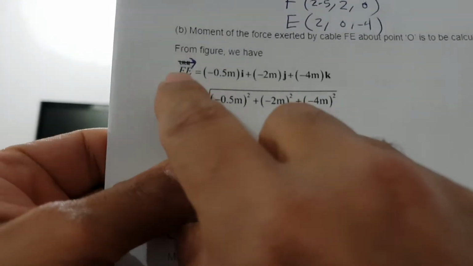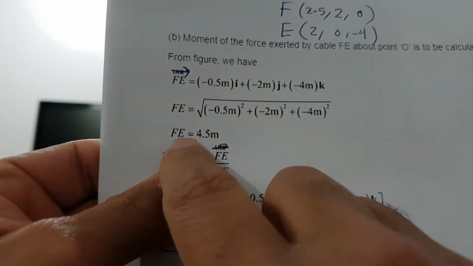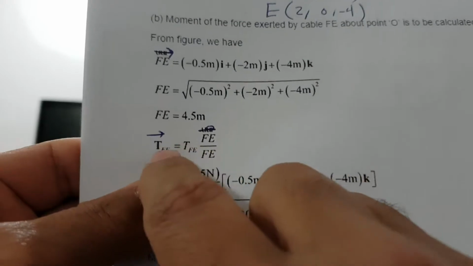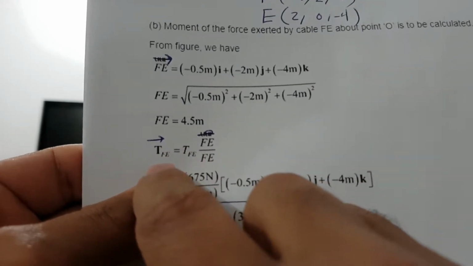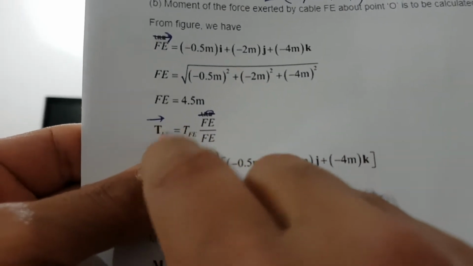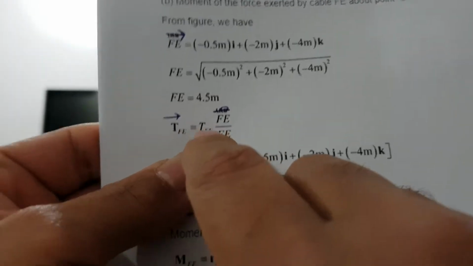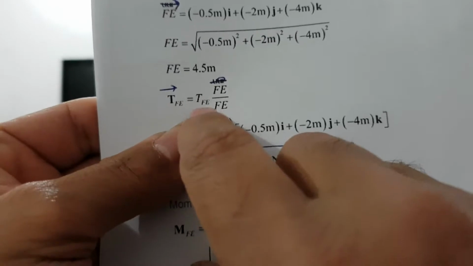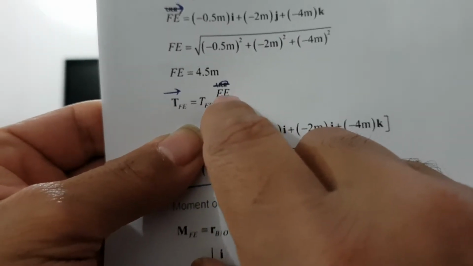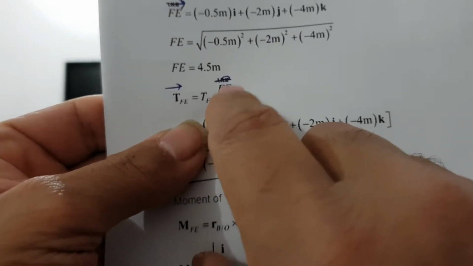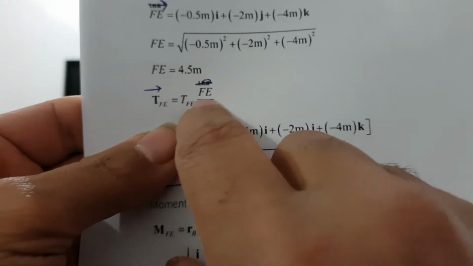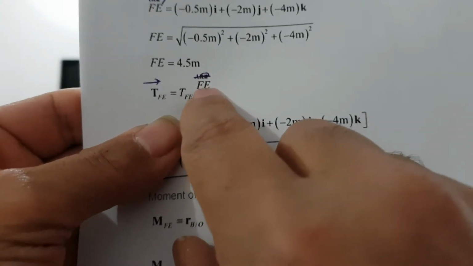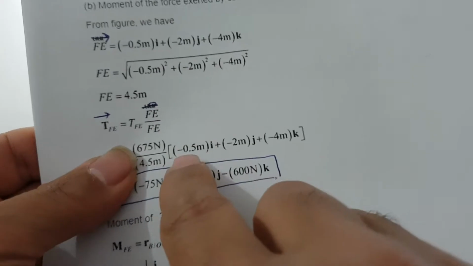Okay, now we have the vector form FE, we have the magnitude FE. Now let's find the tension FE, vector form. The tension vector is equal to the magnitude of the tension times the vector FE over the magnitude of FE.